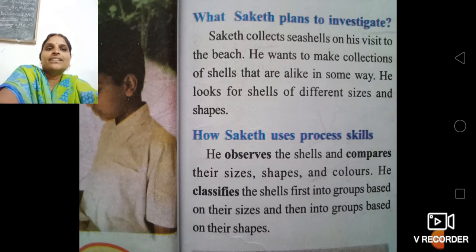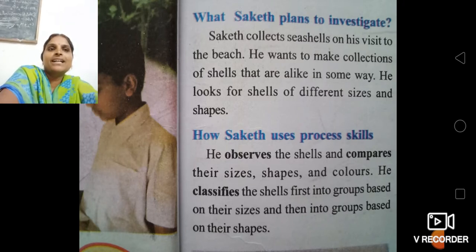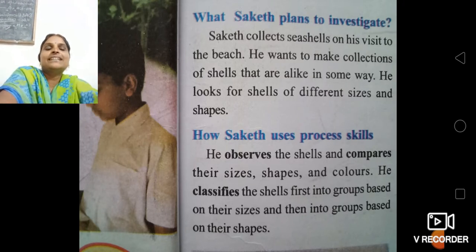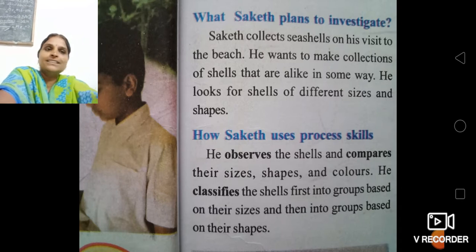Saket collects seashells on his visit to the beach. He wants to make collections of shells that are alike in some way. He looks for shells of different sizes and shapes.